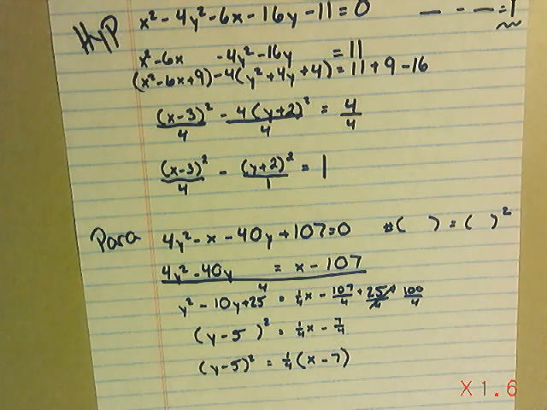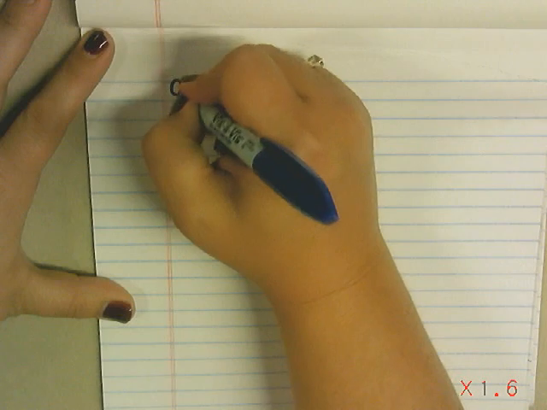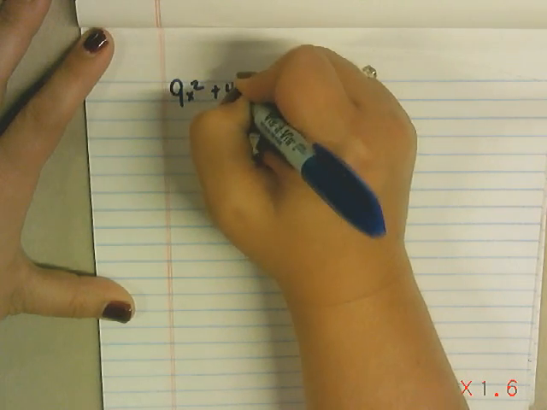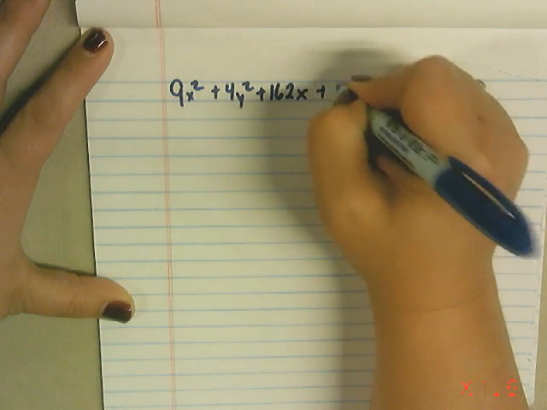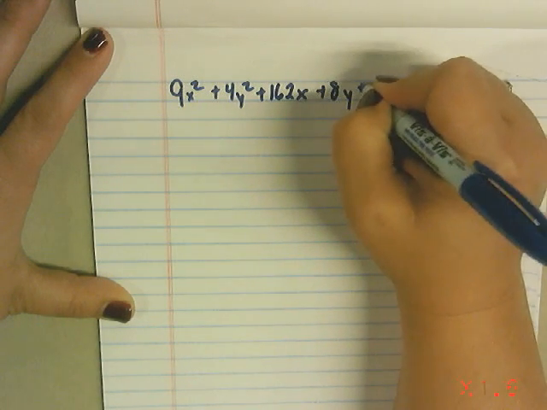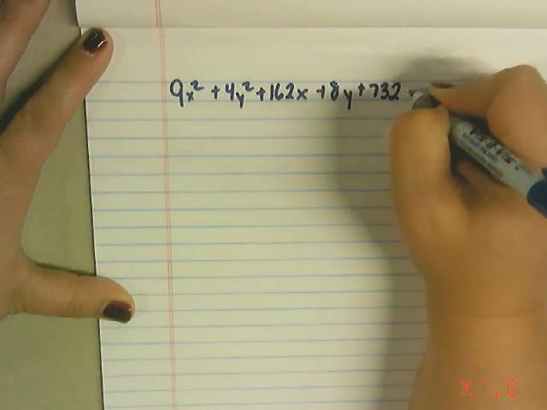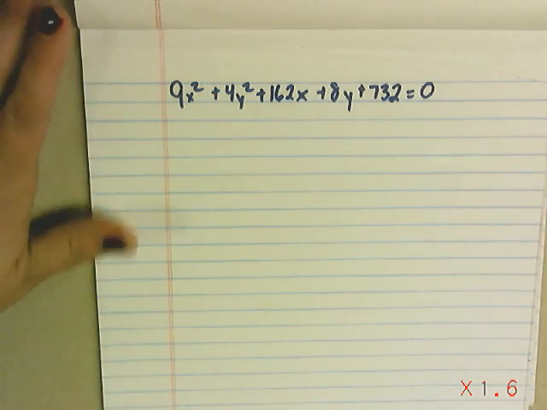Okay, let's review our ellipses and our circles. So for your ellipse, you have 9x squared plus 4y squared plus 162x plus 8y plus 732 equals 0.